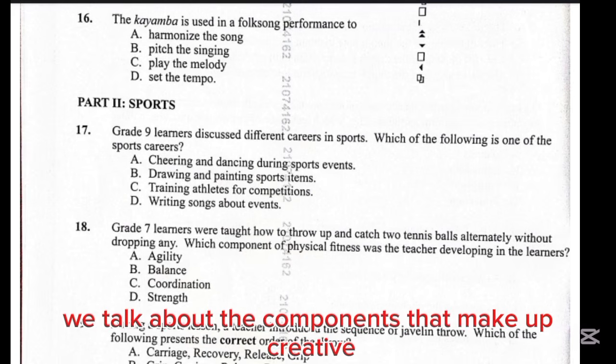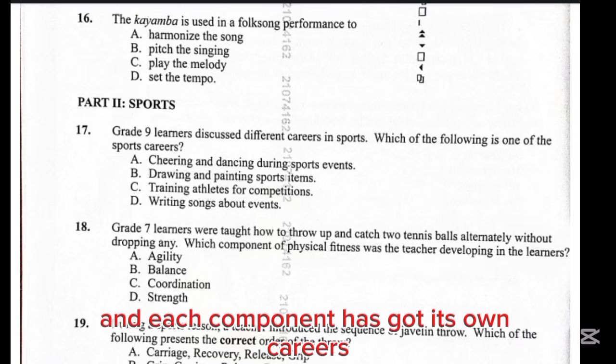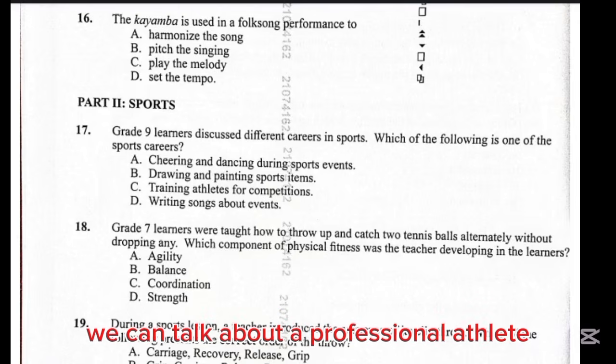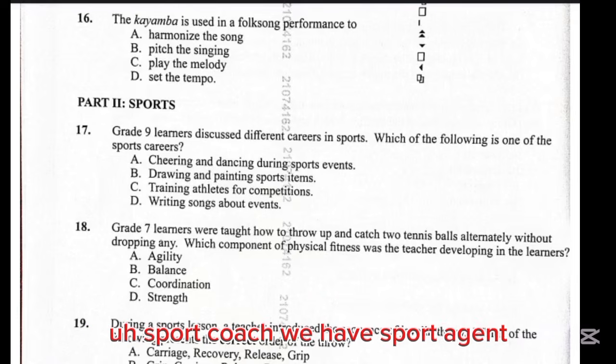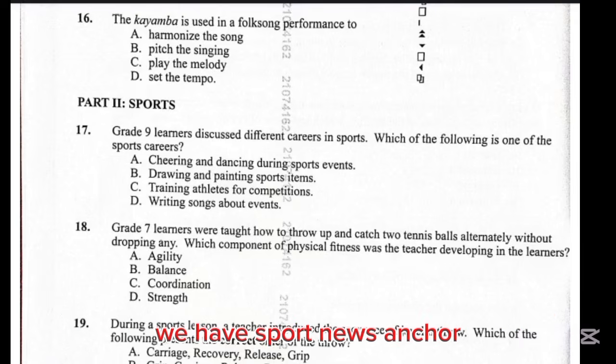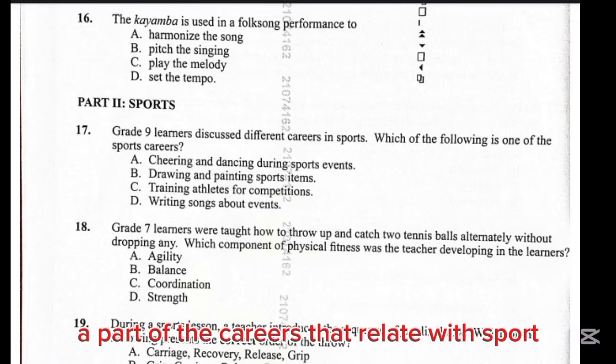Here we talk about the components that make up creative art and sport, and each component has its own careers. When we talk about sports careers, we can talk about professional athlete, sport coach, sport agent, sport journalist, games and sport teacher, and sport news anchor. Those are just part of the careers that relate with sport.